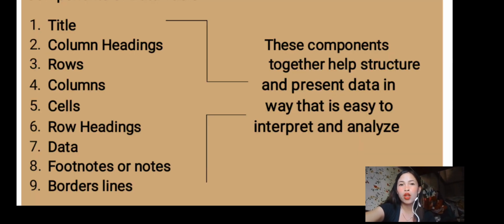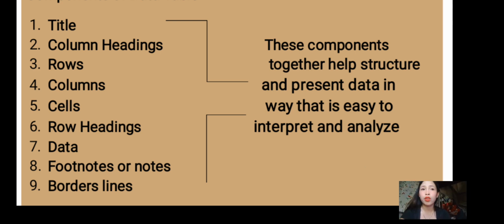And rows represent individual data entries or records, each containing values for different columns. Columns present categories of attributes of data, with each column containing the same type of information. And a cell is the intersection of a row and a column where specific data is stored.